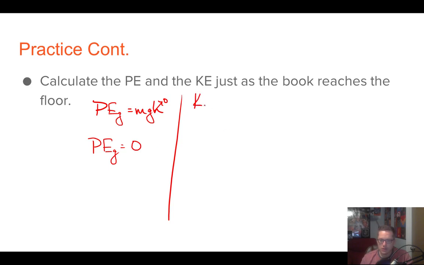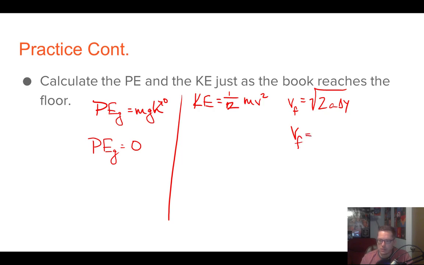Now let's think about kinetic energy. We'll skip through this because we just did all the derivation before. Kinetic energy is equal to 1/2 mv squared, and we know that the final velocity is equal to the square root of 2a delta y. In this case our a is still the same, but our delta y is now the full 2 meters.